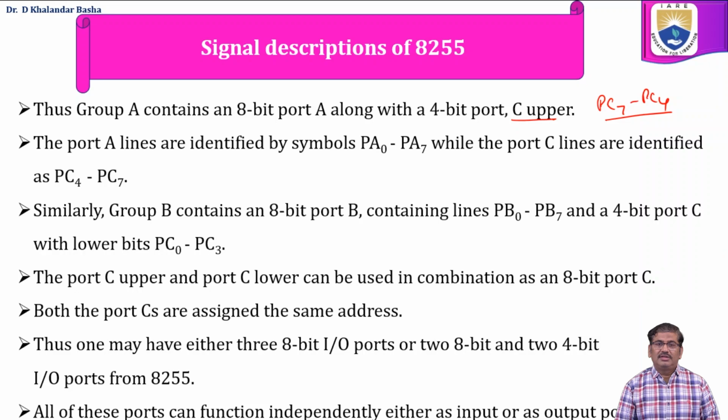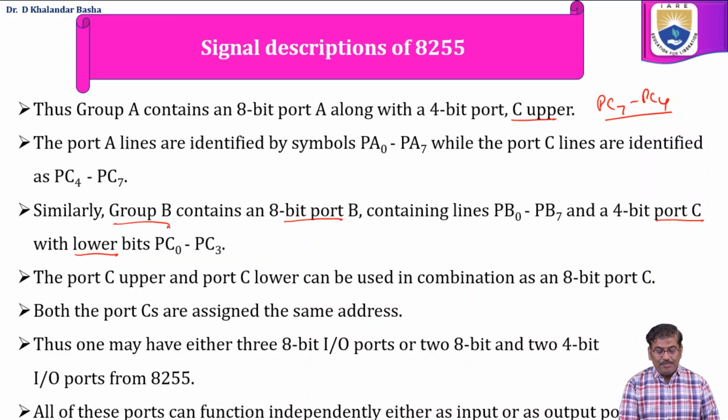The port A lines are identified by the symbols port A0 to port A7, which is the 8-bit port, while the port C lines are identified as PC4 to PC7. Similarly, group B contains an 8-bit port B containing the lines port B0 to port B7, and a 4-bit port C lower with PC0 to PC3.